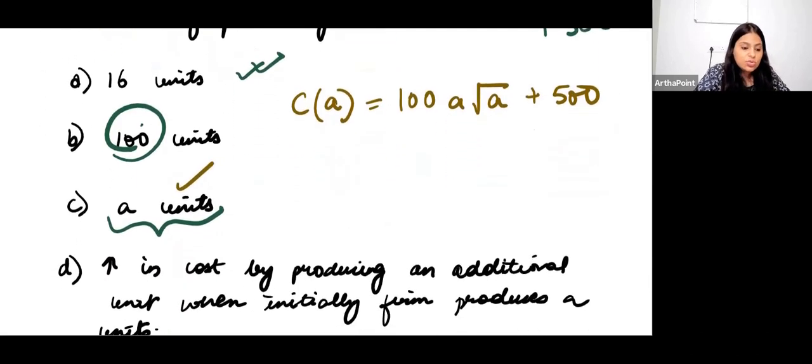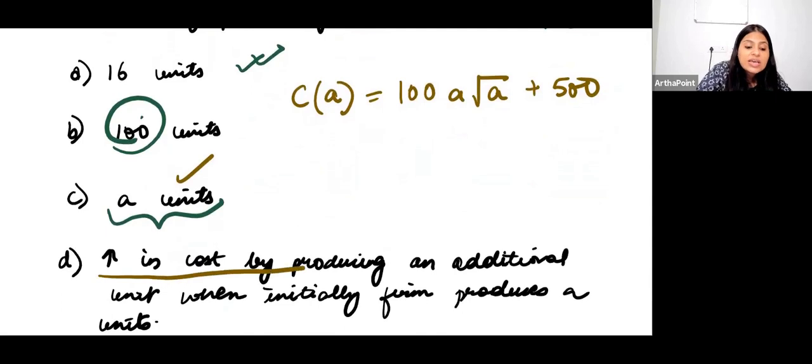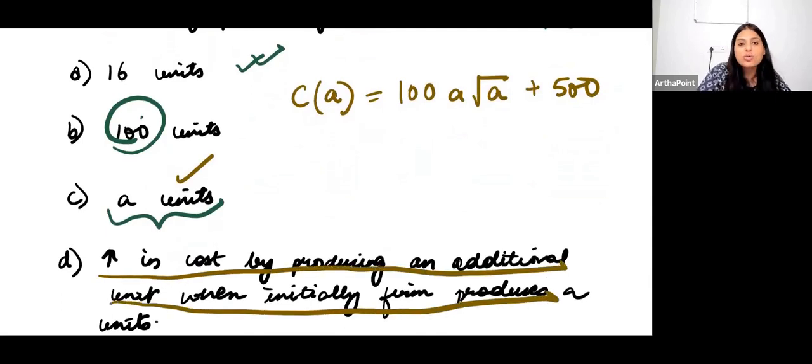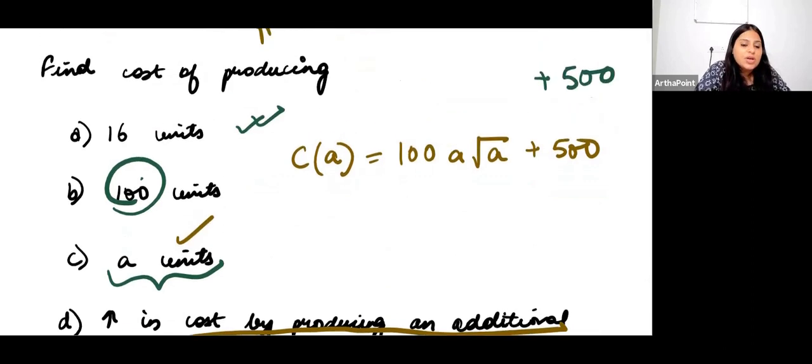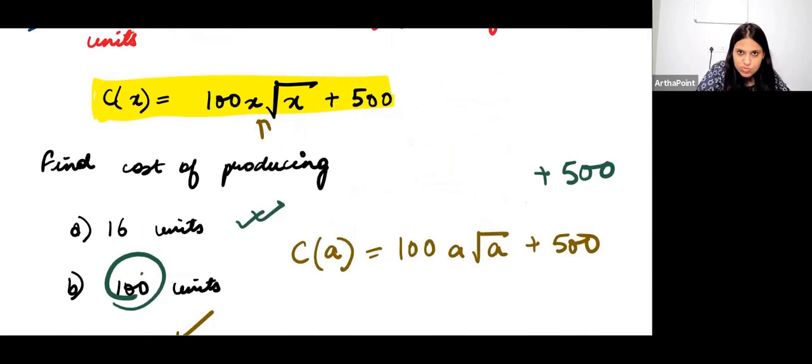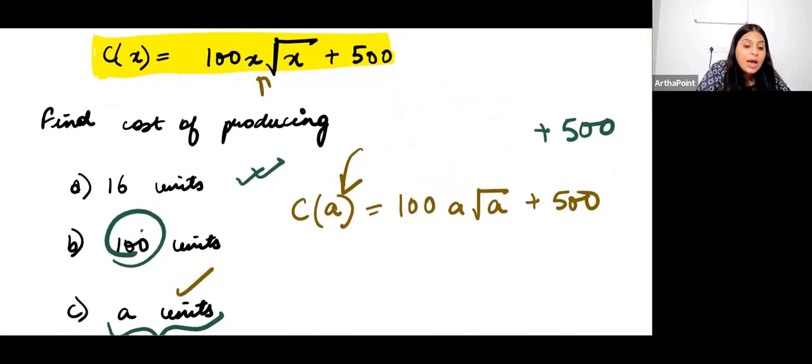Now it asks you, what is the increase in cost when you produce an additional unit? Initially the firm was producing A units, but now the firm produces 1 plus A units.